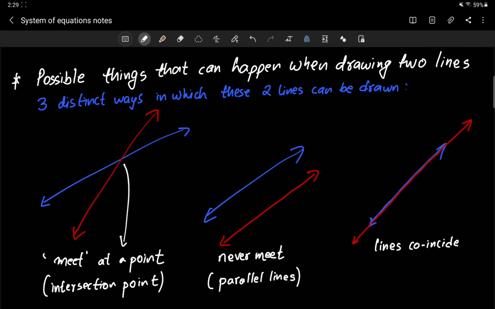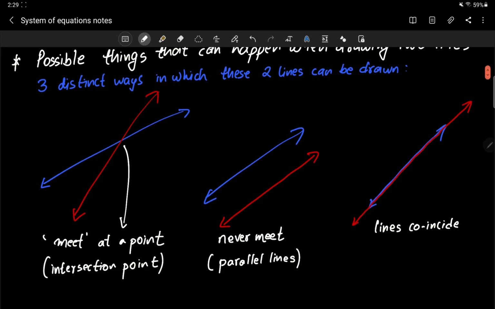An important way in which we study things in mathematics is that we try to classify them with respect to something. Here the classification is with respect to where they meet. In the first case, they meet at one point. In the second case, they never meet.